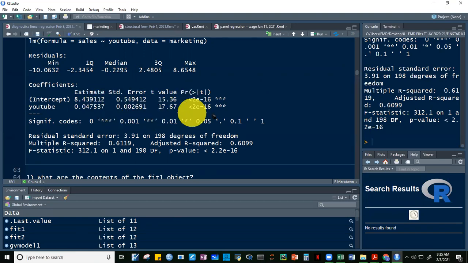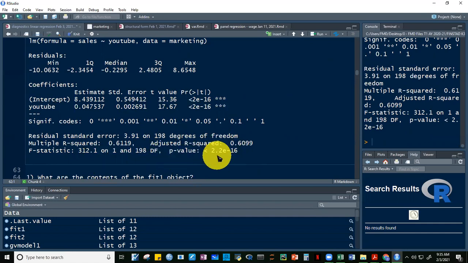If you recall, yung null hypothesis natin dito is beta null is equal to beta 1 is equal to 0. And answer natin, sa overall goodness of fit, guys, FSTAT 312.1 on 1 and 198 degrees of freedom.